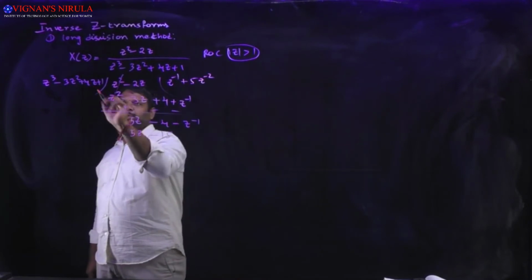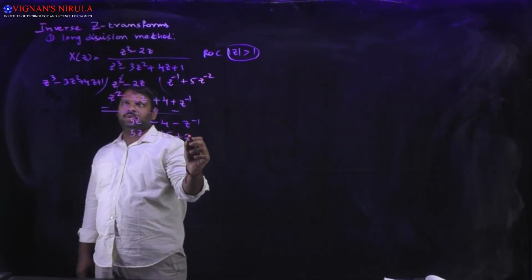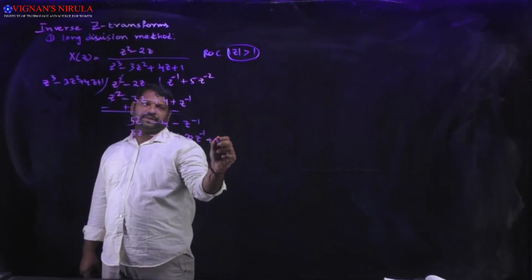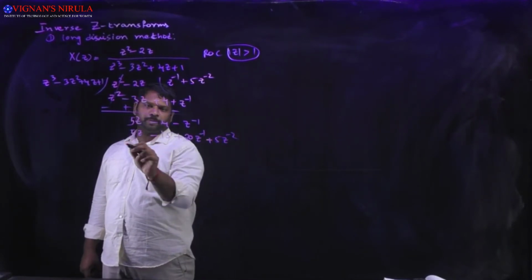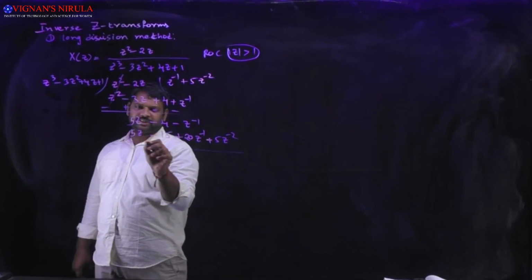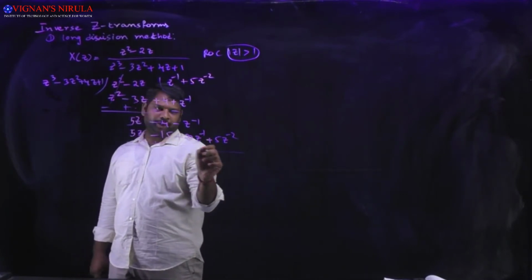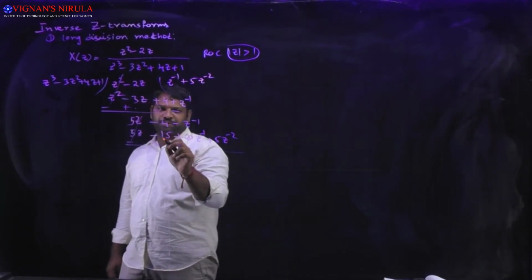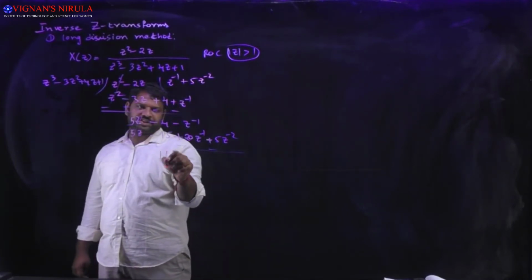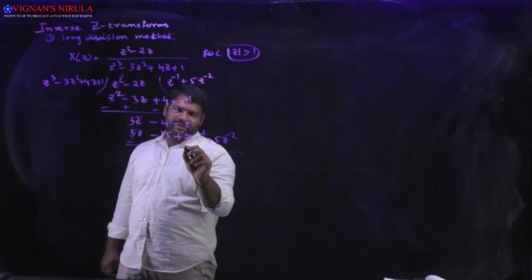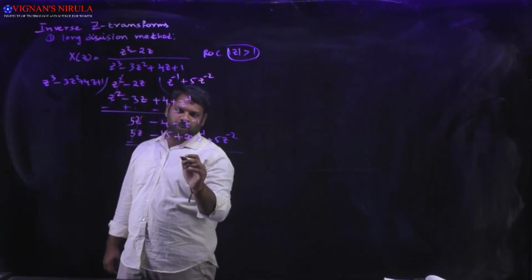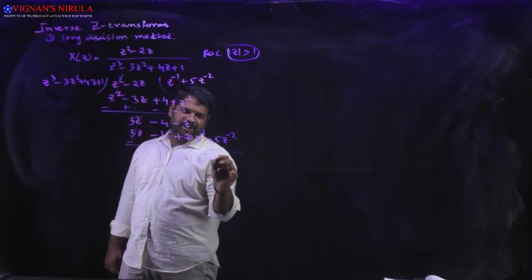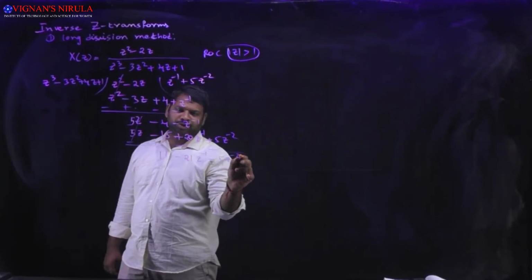Next 5 into 4, 20 z inverse, plus 5 z power minus 2. Take the opposite signs. These two get cancelled. Plus 15 minus 4, it is 11. Minus 20 minus 1, minus 21 z inverse, minus 5 z power minus 2.